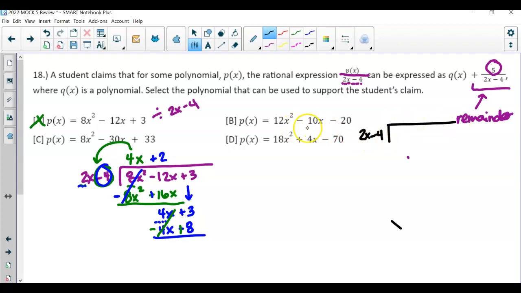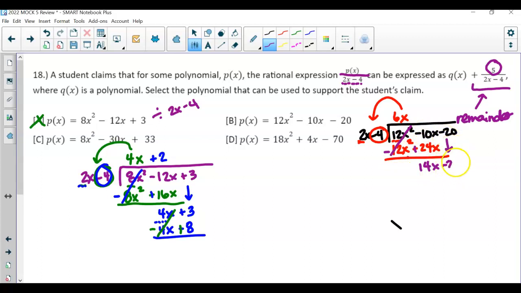2x minus 4, no 0 needed because no terms are missing. Same thing again, divide the first into the first. So 2 goes into 12 6 times, so 6x. When you multiply, they will match up, 12x squared, but multiply 6 by -4, which is -24x. Then change the signs. So that's 0. Now you have 14x.